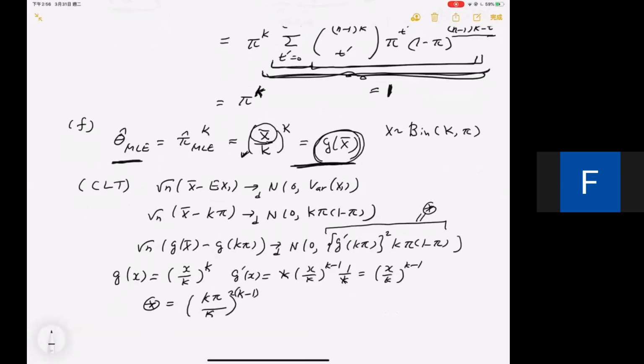Plug in k pi, so k pi times 1 minus pi. Cancel out, then become k times 1 minus pi, and I do have pi to the power 2k minus 2, then plus 1, then minus 1. I think so. Did I mess up?